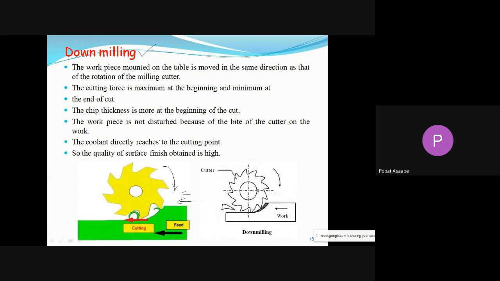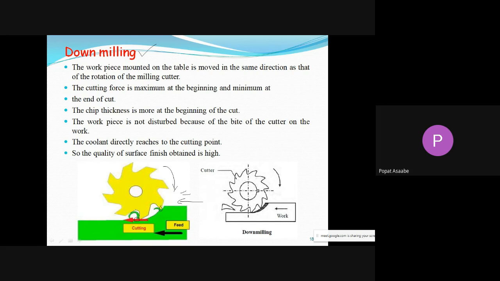In down milling, initially the cutter creates the maximum cutting force, and it creates the minimum cutting force at the end. The thickness of the chip is maximum initially, and the thickness of the chip is minimum at the end.